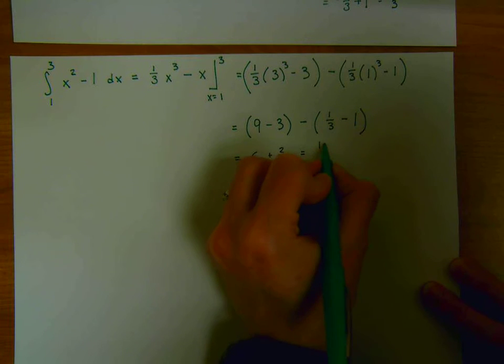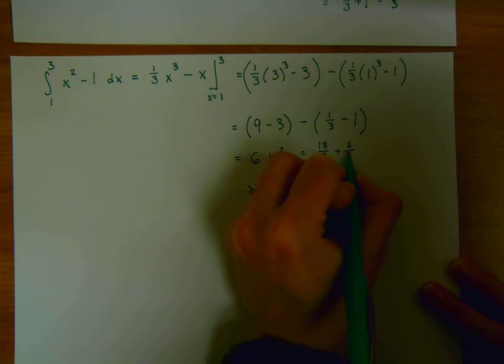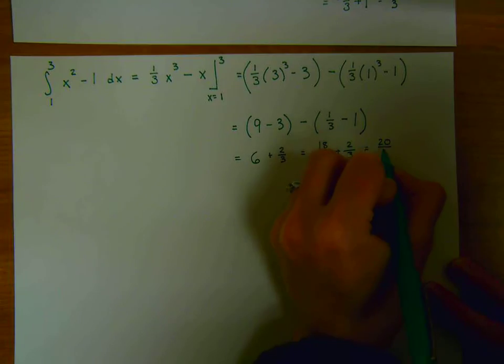So this is the same thing as 18/3 plus 2/3, which is 20/3.